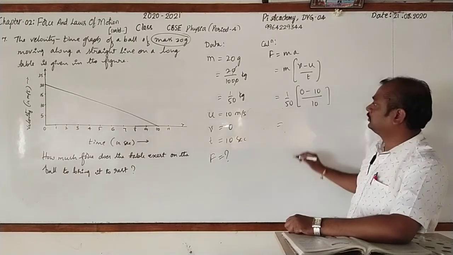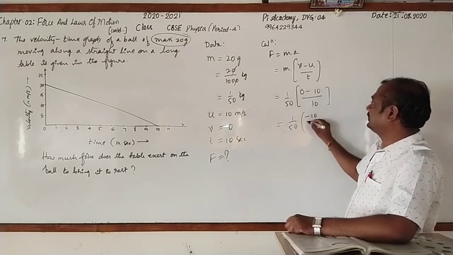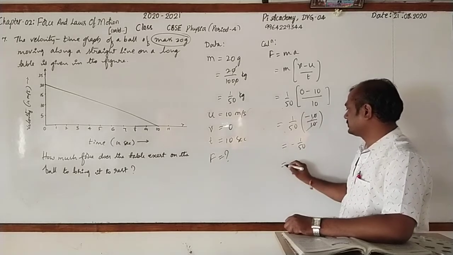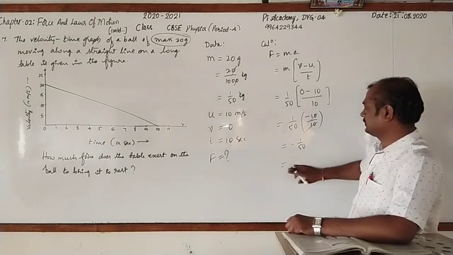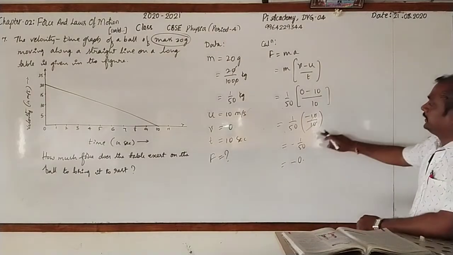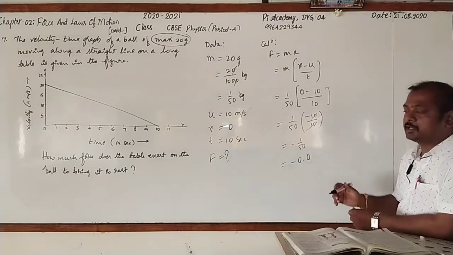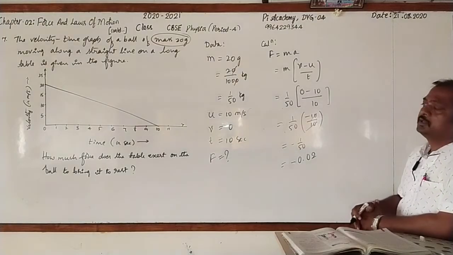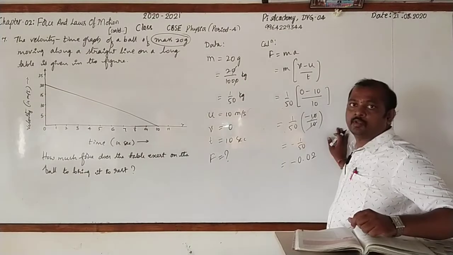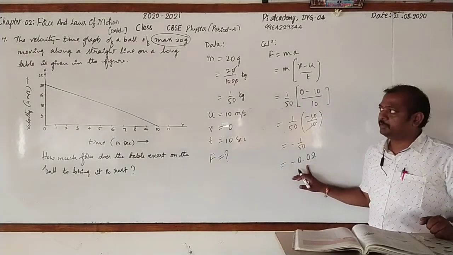It's equal to 1 by 50 into 0 minus 10 divided by 10, which cancels, minus 1 by 50, equal to minus 0.02. Is it right? Dear students, this much force is required.